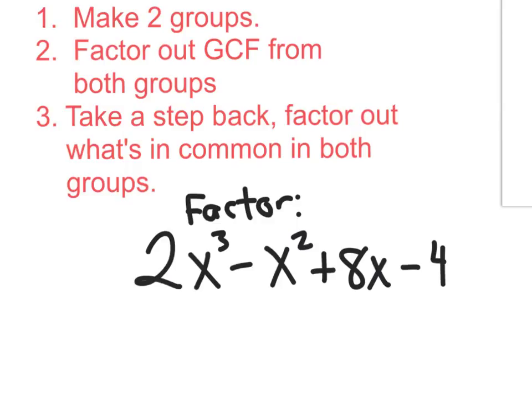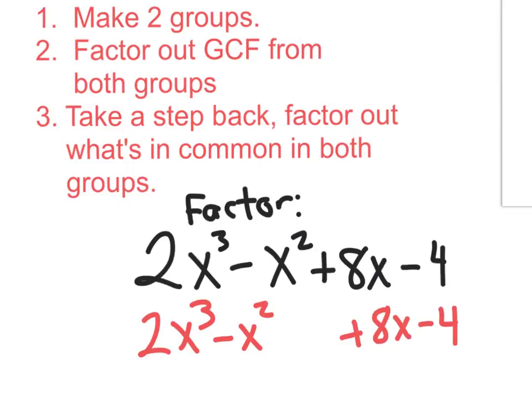I'm simply going to rewrite it, but with some space. 2x to the third minus x squared, space, plus 8x minus 4. Everybody understand step 1? All I did was take the first 2 and the second 2 and split them and made some space in between them. That's step 1, nice and easy.